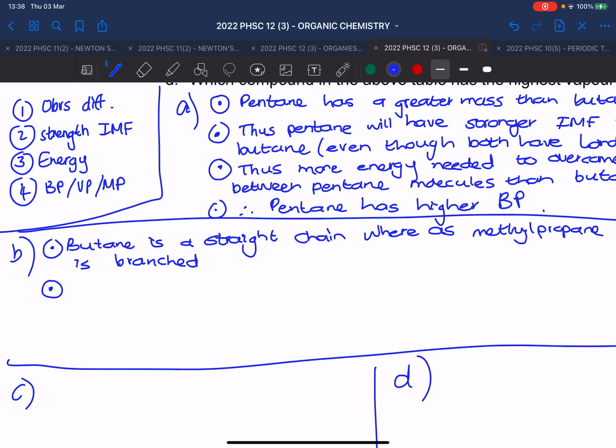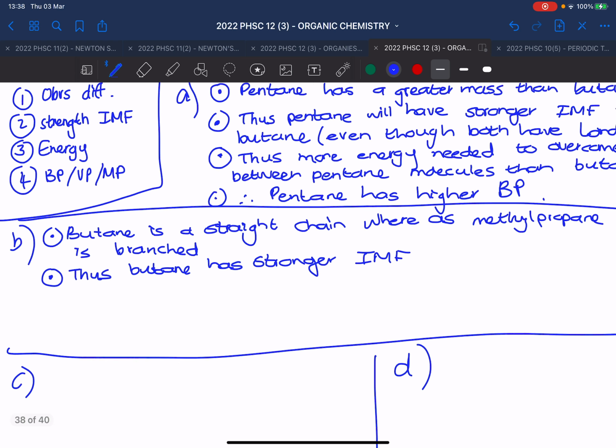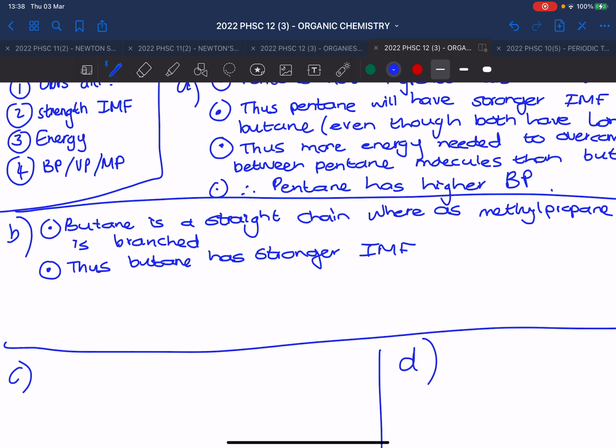Then you must refer to the strength of the intermolecular forces. Which one thus has stronger intermolecular forces? Butane. Thus, butane has stronger intermolecular forces. Third bullet point is energy.